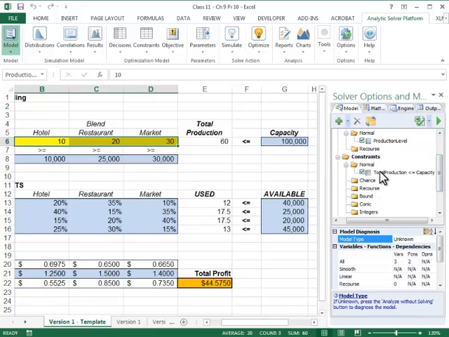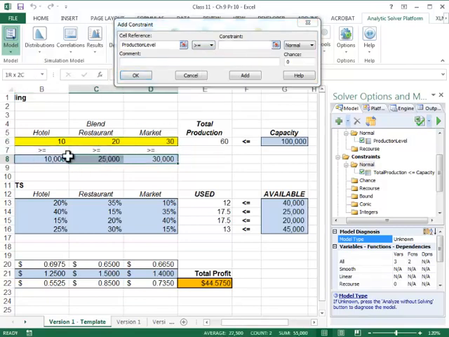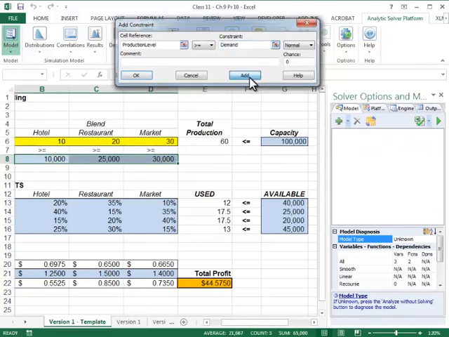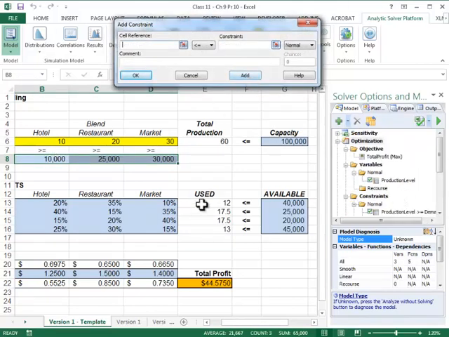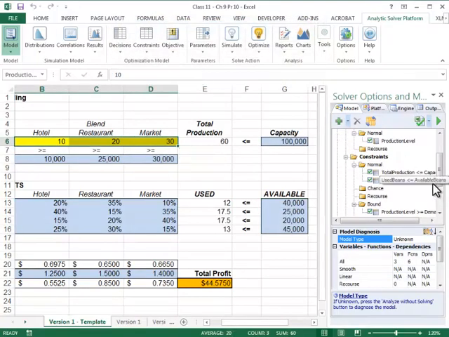The next constraint is going to be production level should be at least as much as the demand. The next one is going to be, well, the used beans should not be more than the available beans. And I think that covers it.